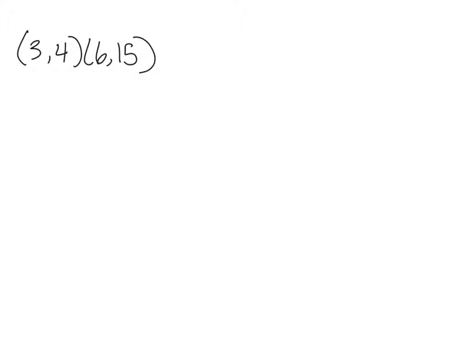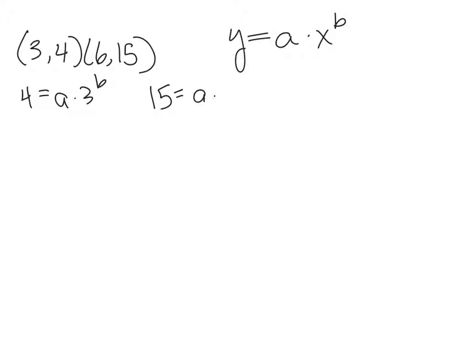All right, let's try this one. So we're putting it in the form y equals a times x to the b. Substitute. 4 equals a times 3 to the b, and 15 equals a times 6 to the b. a equals 15 over 6 to the b.